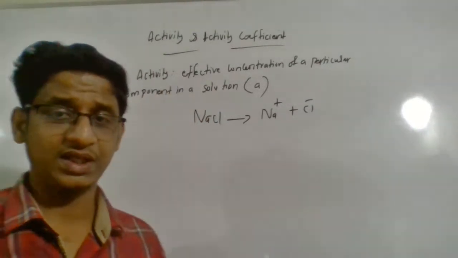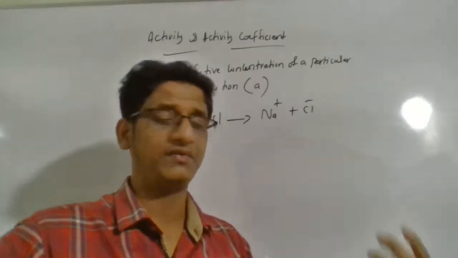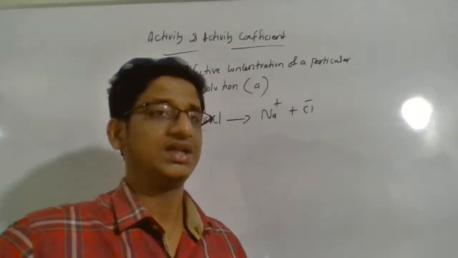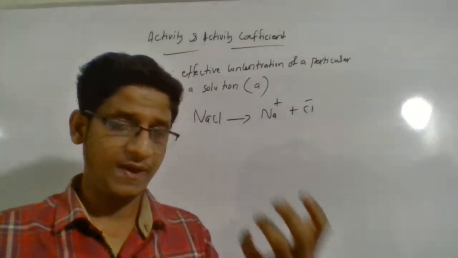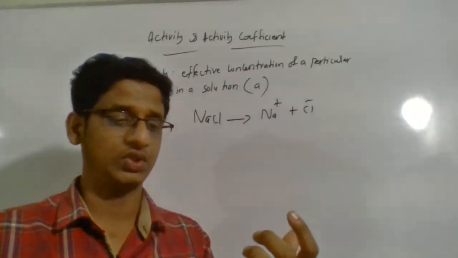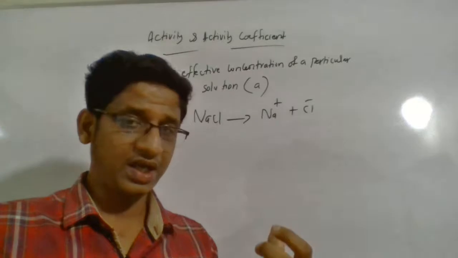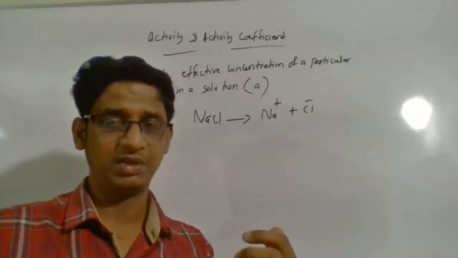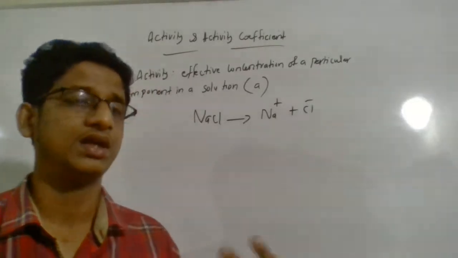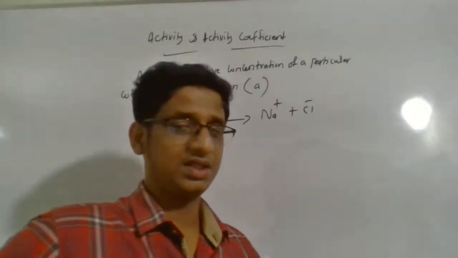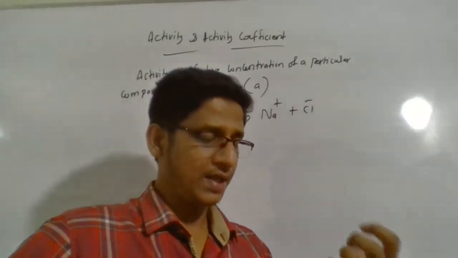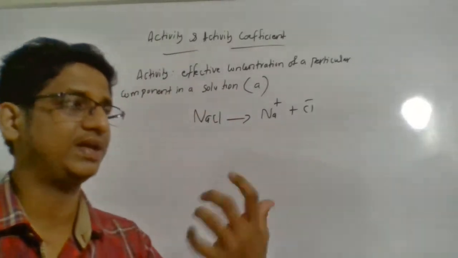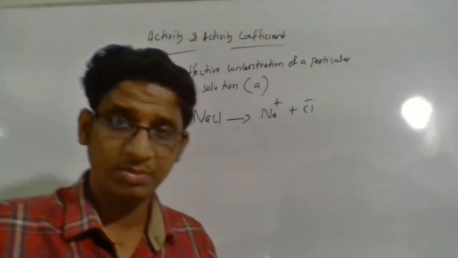But it's observed that not all the ions actually contribute to properties like molar conductivity. There is a change, because we already saw the ion attraction. Both positive and negative ions are attracting each other. There will be a repulsive factor between the same type of ions, like cation and cation, anion and anion.